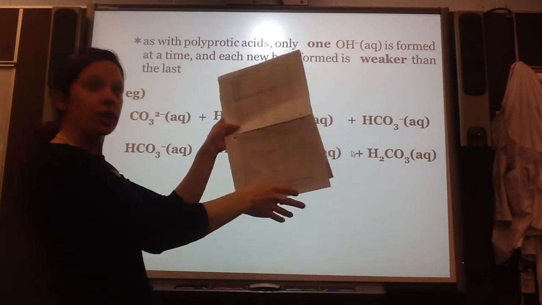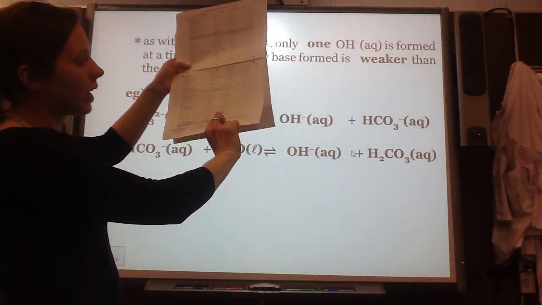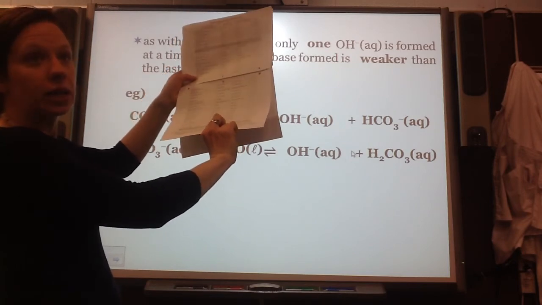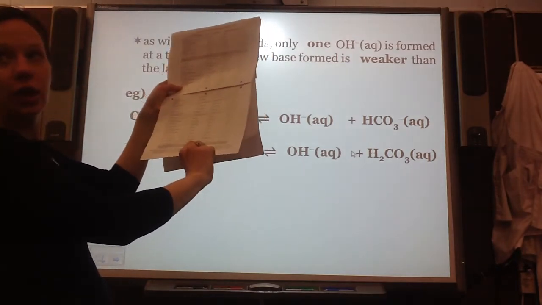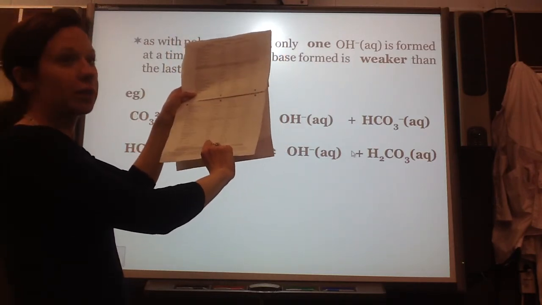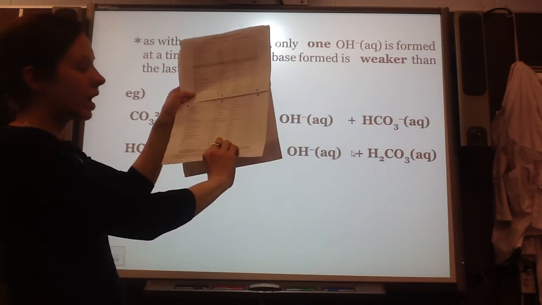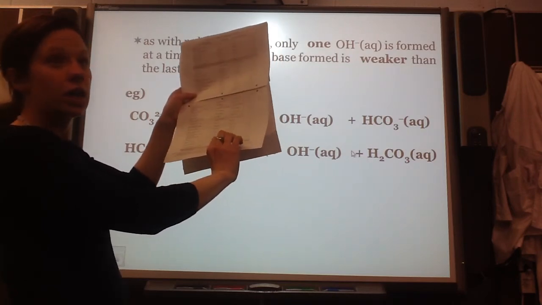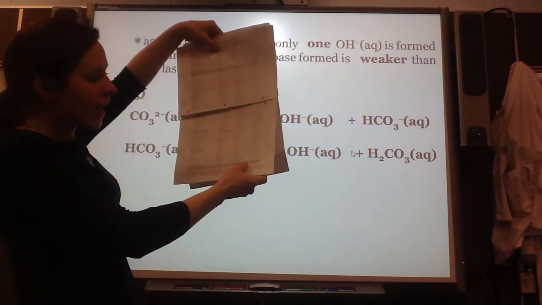Now, look at your diagram, or your chart again. Look at the very bottom right-hand corner of conjugate base. So we're going to look in the conjugate base column. What's the very bottom conjugate base? What does it have there? OH minus. So it's kind of like the opposite. Up here is the strongest acid.